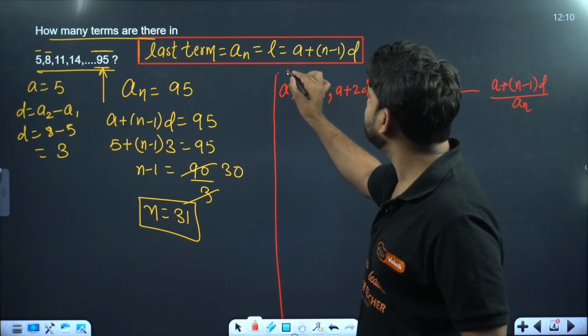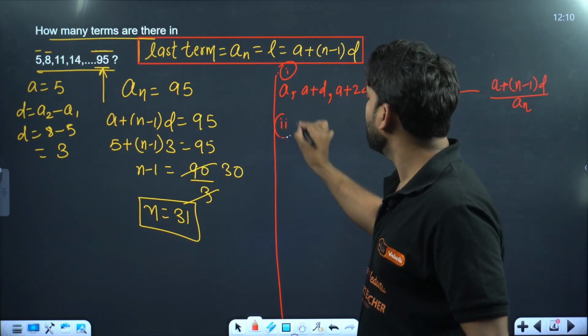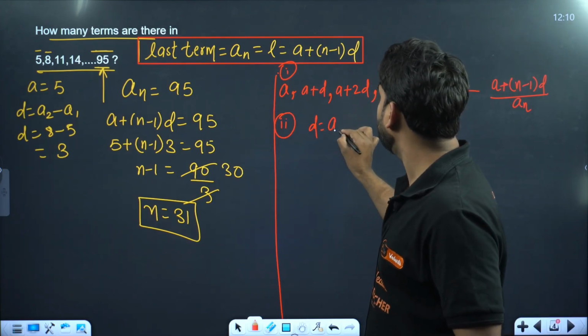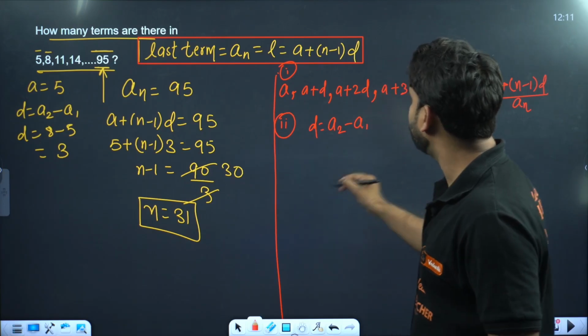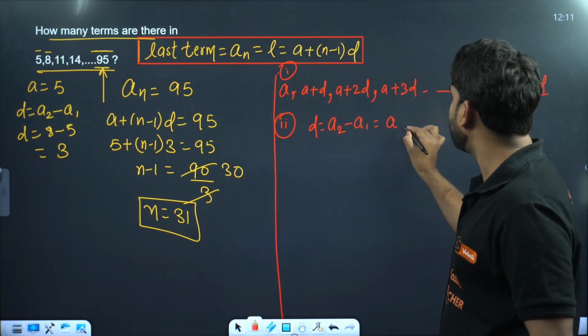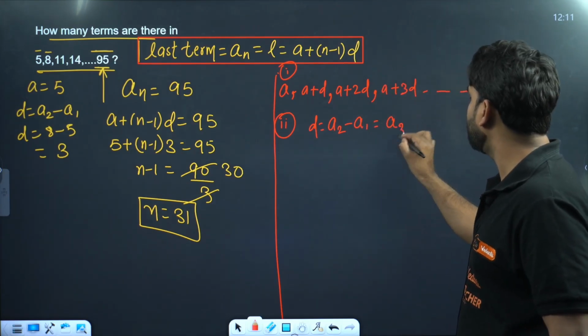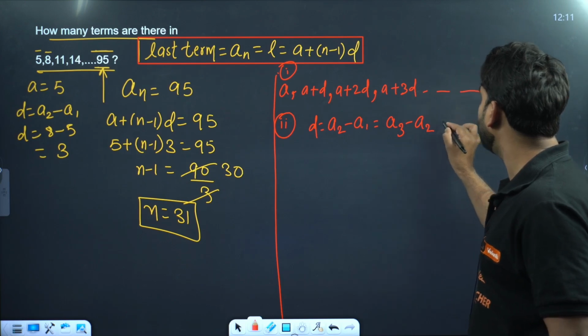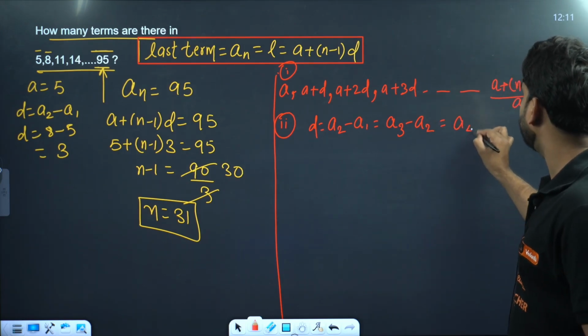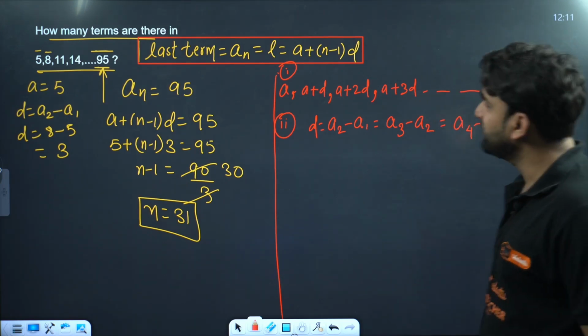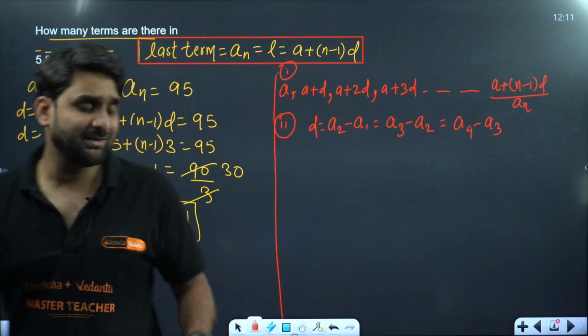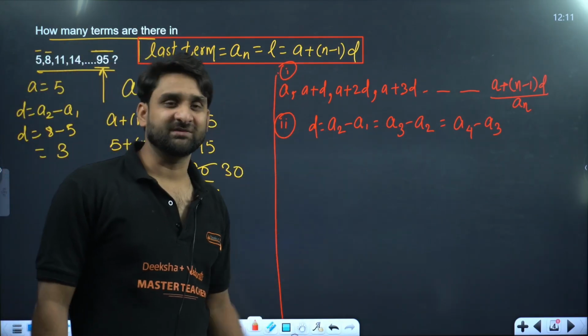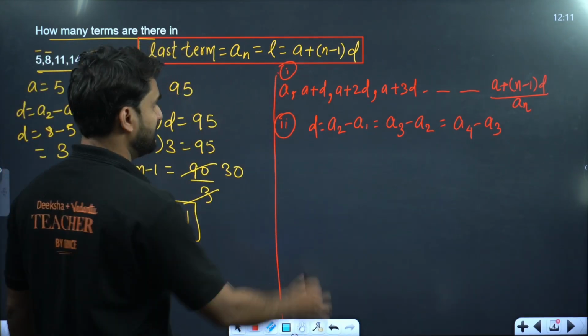Okay, so this is done. Now second, the common difference we can calculate by subtracting the first term from the second, or if you take the third term, we can subtract a3 minus a2, or you can take a4 minus a3. So always make sure to subtract the preceding value from the succeeding one to find the common difference.